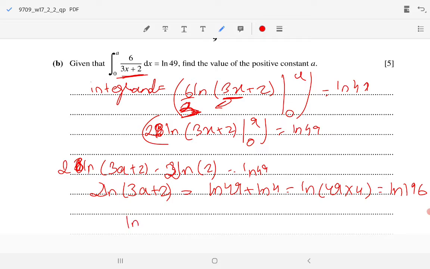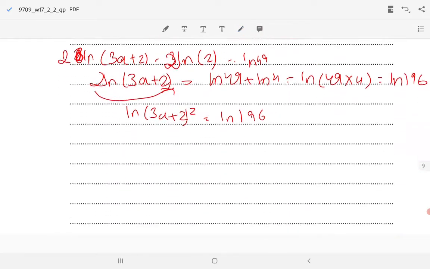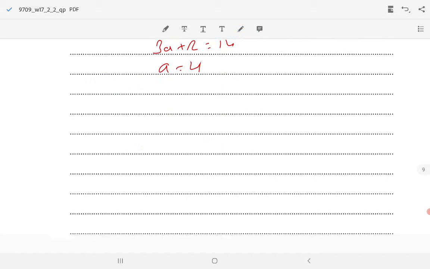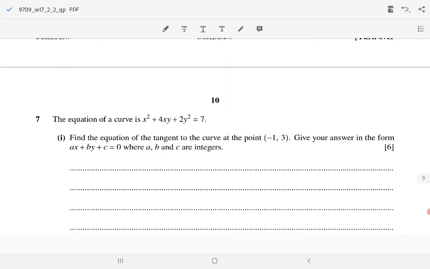So we have ln 3a plus 2 the whole square, again using properties of logarithms, is equal to ln 196. So if you raise both sides to e, the e and ln get cancelled, so 3a plus 2 equals square root 196. 3a plus 2 equals 14. A equals 4. Alright guys, let's move on to the next question.